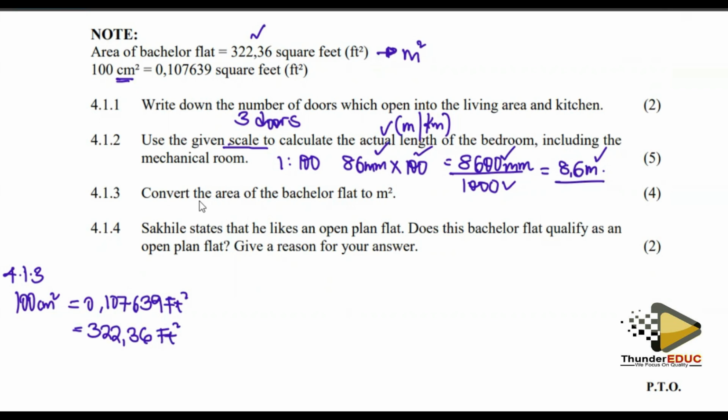If 100 gives me this much, what will give me 322,36 feet squared? Remember, the answer here is that you will get, let's call it h. The answer that we shall get here to be in centimeters squared. So let's cross multiply. 100 multiplies this. So you get 100 times 322,36 divided by 0.17.